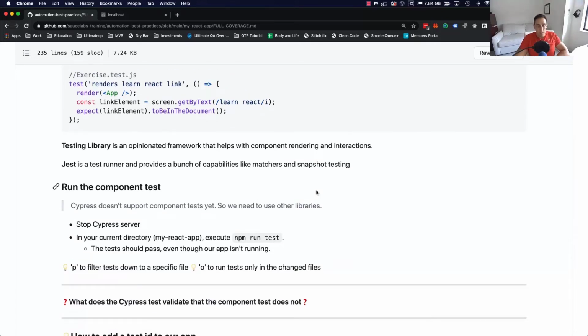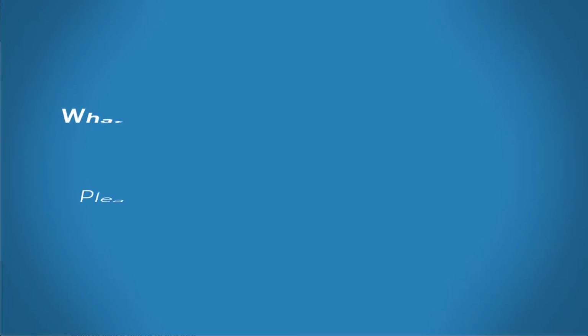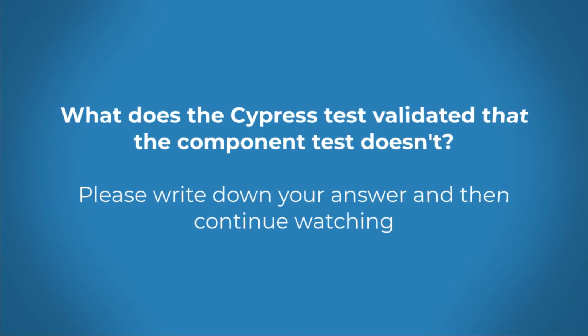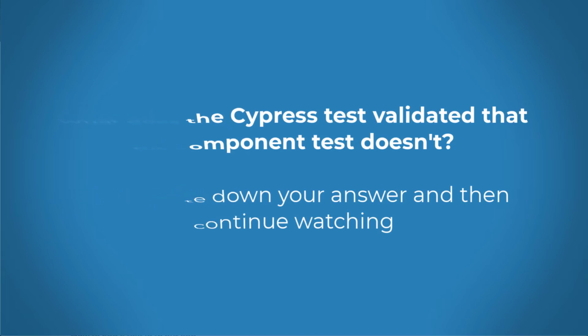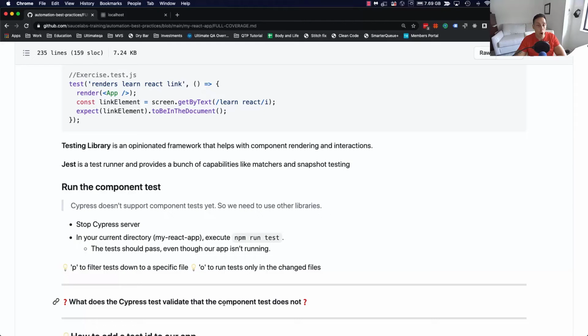So with that said and shown, my question for you is, what does the Cypress test validate that the component test does not? This is important because if we replace one for the other, we need to know what coverage gap we've introduced. So the Cypress test, as I've mentioned before, it actually does test that the server is running, right?